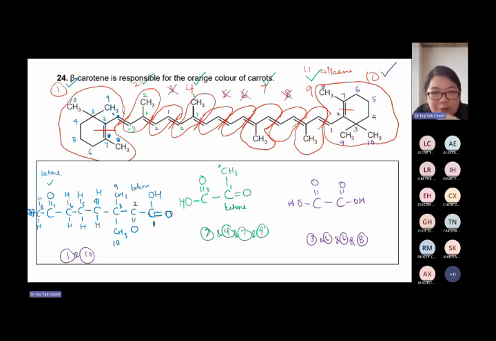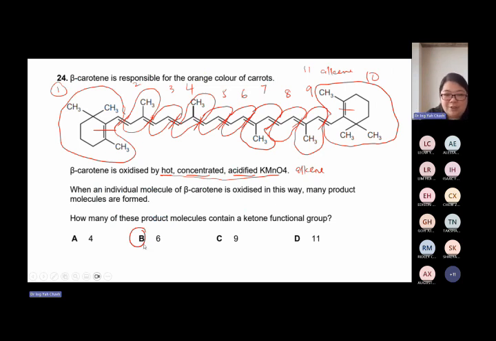So now let us count how many product molecules contain a ketone functional group. 1, 2, 3, 4, 5, and 6. 6 product molecules contain a ketone functional group.